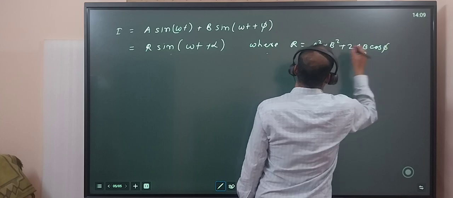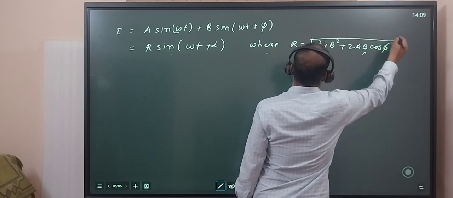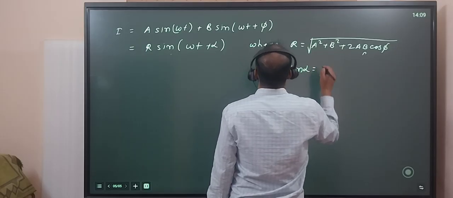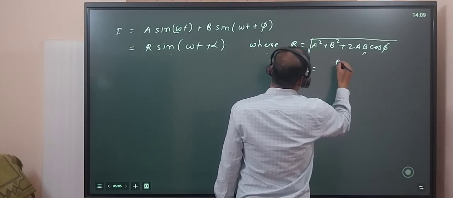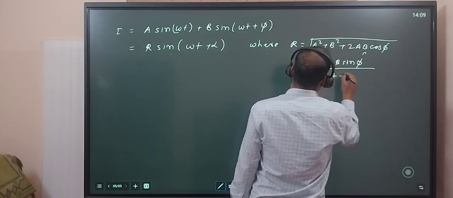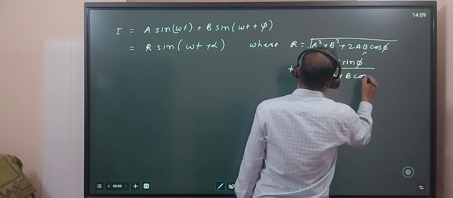This kind of thing we have done again and again. And tan alpha is b sin phi by a plus b cos phi.